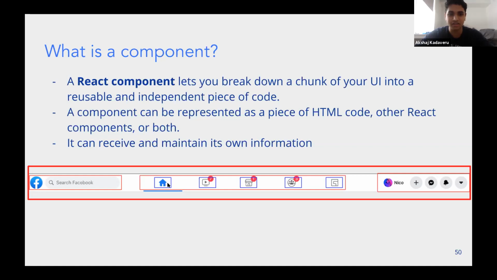So as you can see, this one component can be divided into 5 smaller components, and those make it easier to code. So now when we focus on writing just this one piece of code, we can just write a home button. And then in this component, we can just refer to the home button and we don't have to rewrite it.